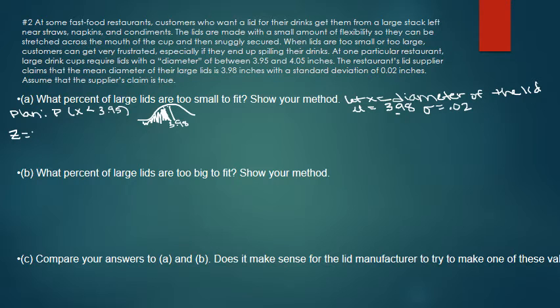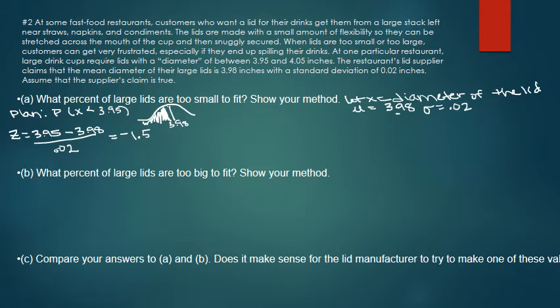The z-score is equal to 3.95 minus 3.98 divided by 0.02. So we put that in, we get negative 1.5. So it'll be quite a bit less than a half.